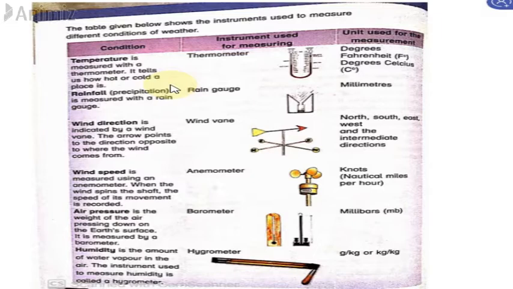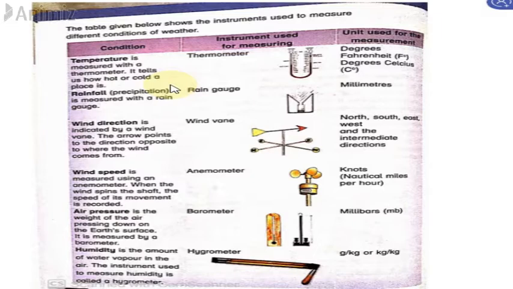The more the temperature, the hotter the thing is. For example, if a thing is 100 degrees Celsius, that means the thing is very hot. It's not cold, it's hot. But as temperature goes down, that means the cold increases.